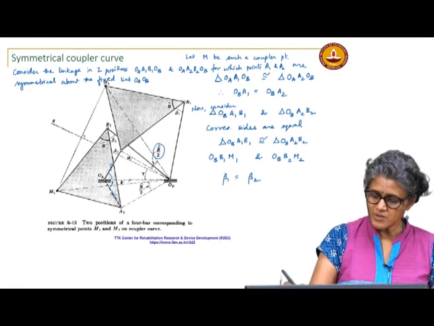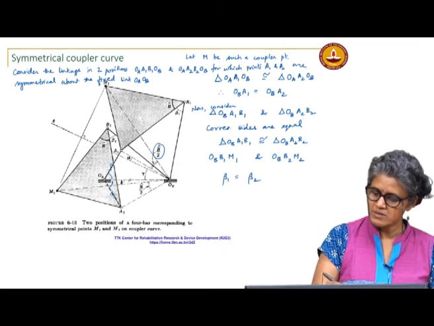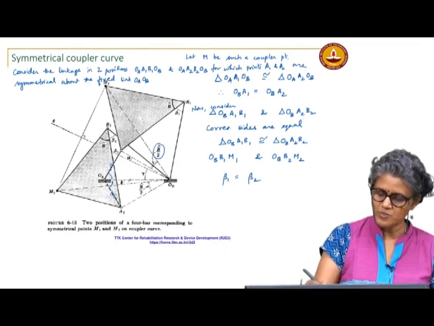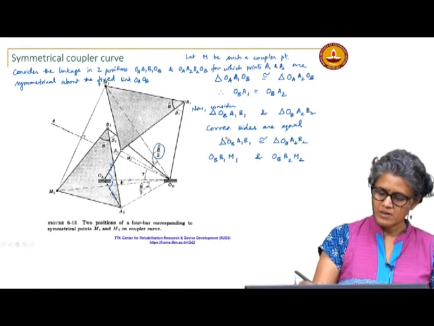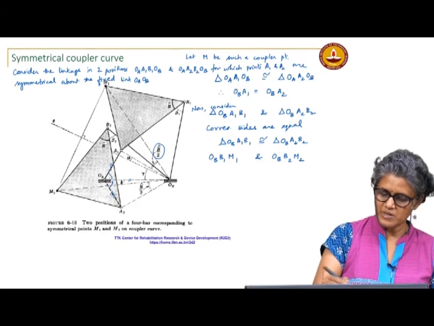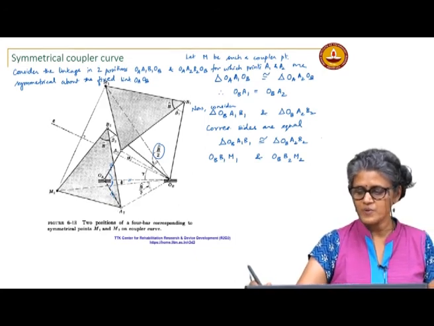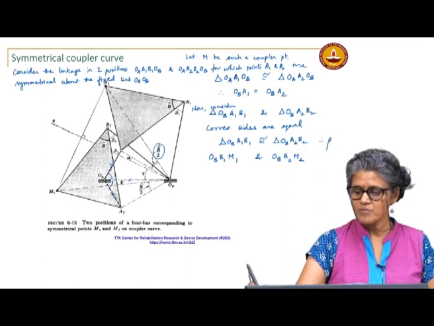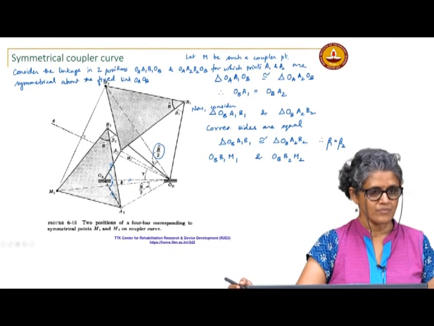I say from this itself, OB A1 B1 and OB A2 B2, I have shown these two are equal, therefore, corresponding sides of congruent triangles, beta 1 equals beta 2.